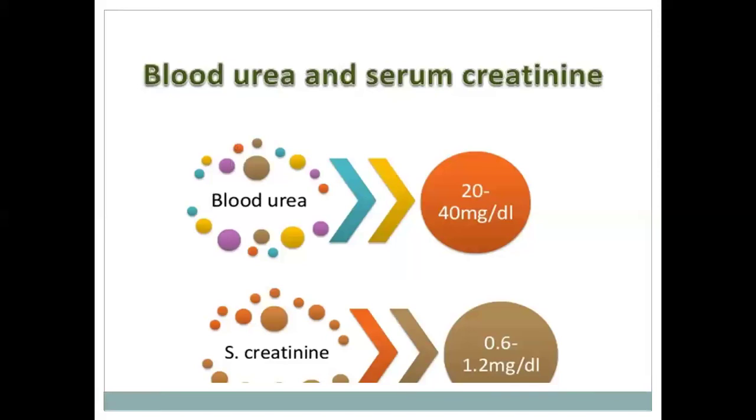More than 90% of urea is excreted through the kidneys. Consequently, kidney disease is associated with accumulation of urea in blood. Urea is neither actively reabsorbed nor secreted by tubules, but it is filtered freely by the glomerulus.